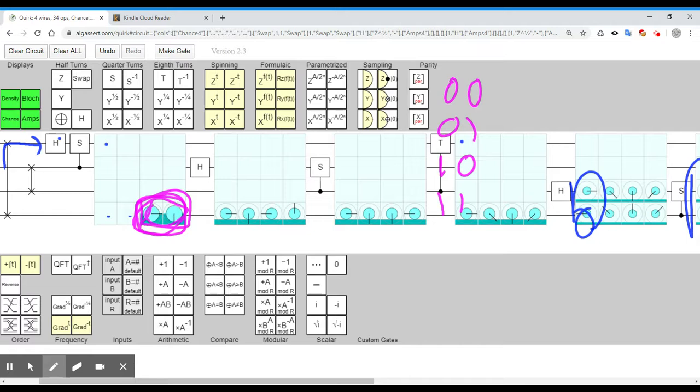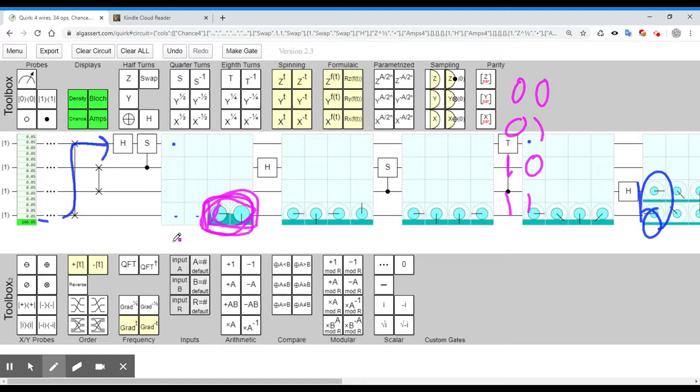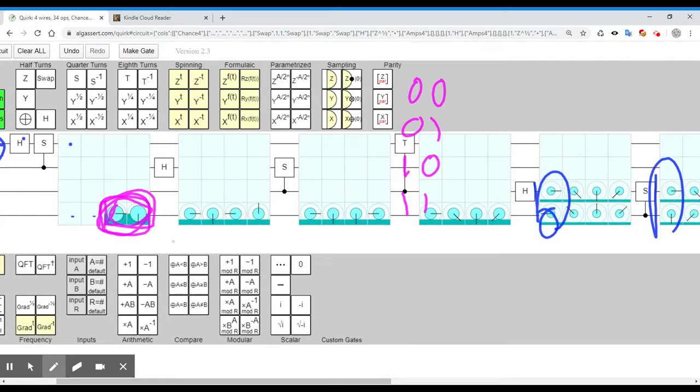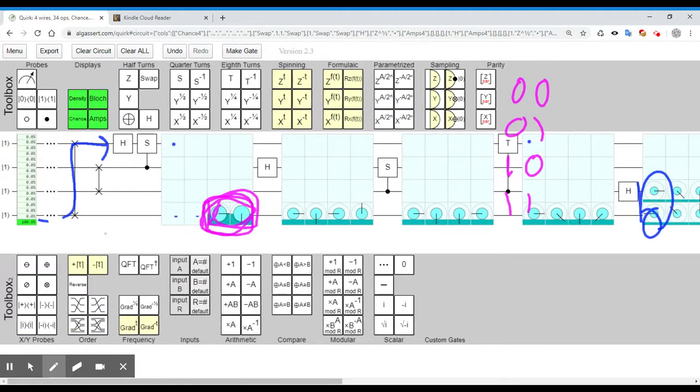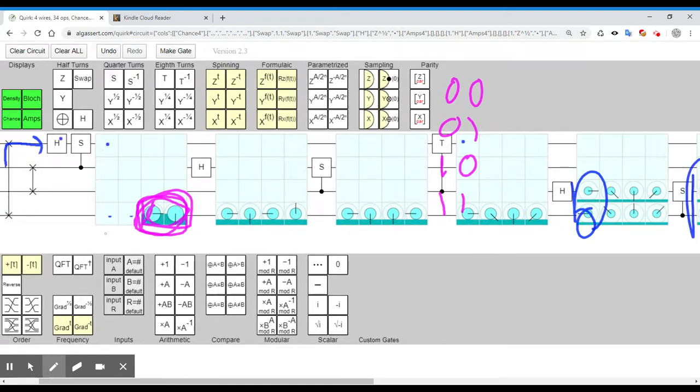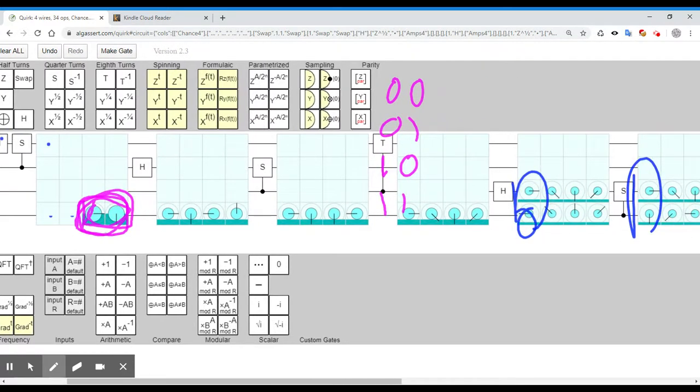So when you're doing a Hadamard, in this case it's all ones, the more ones we have, the... I don't know how to reason about it.